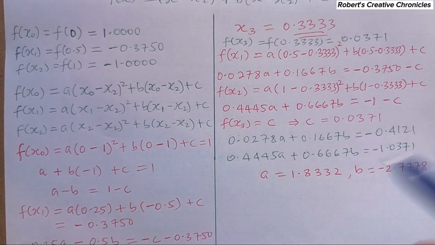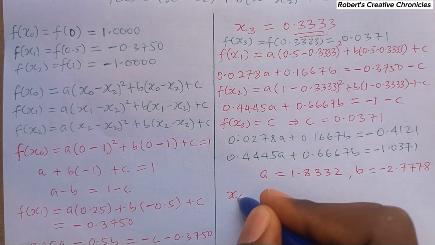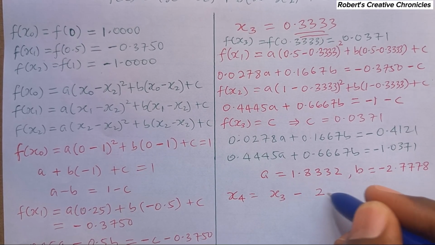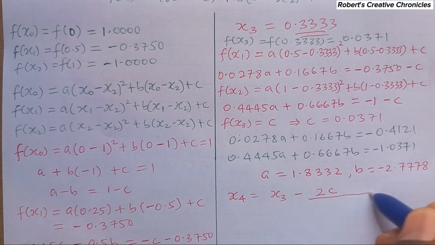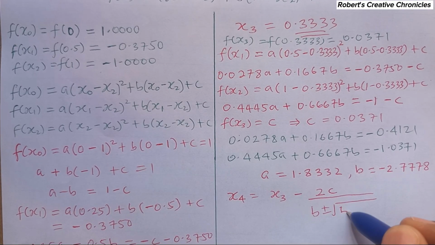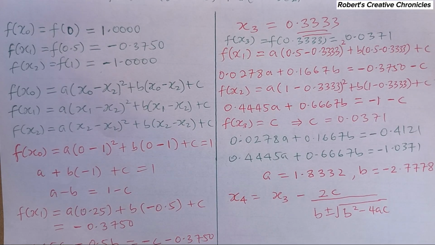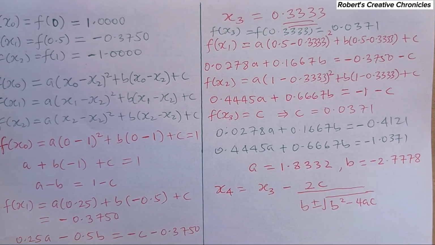Then now we have x0 to x3. So here now will be x4. It's equal to x3 minus 2c over b plus minus root of b squared minus 4ac. In this round, b is negative.